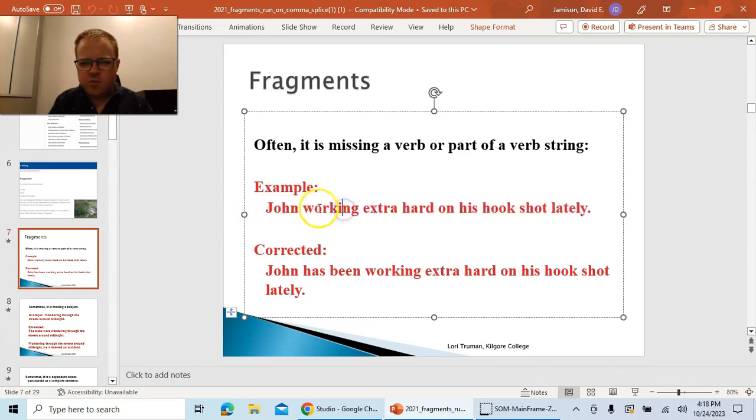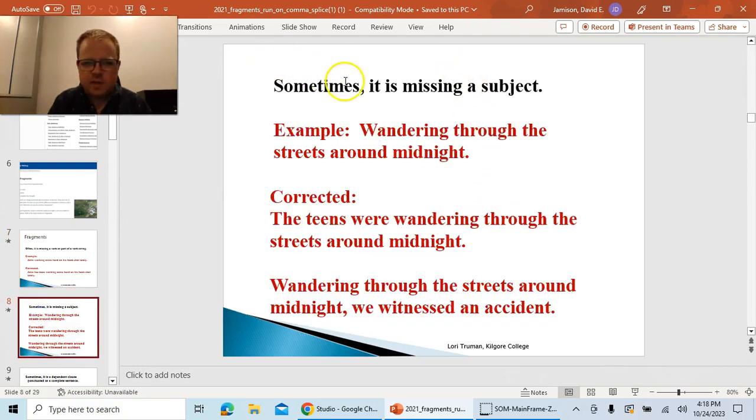Yeah, so it's missing some words here. We have our subject and we have our verb, and we understand what they're trying to say here, but they're missing some stuff that we need in order for this to make sense. So the corrected way here is, John has been working extra hard on his hook shot lately. That makes that into a correct sentence.